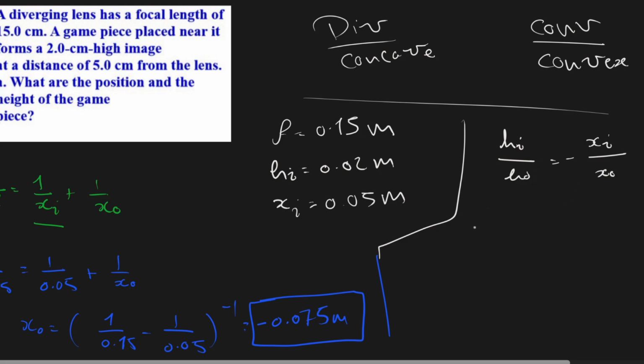So we have hi, let's substitute hi, so 0.02 divided by ho, which is the height of the object, we don't know. It's equal to negative, what is xi? We have it here, 0.05 divided by what we just solved for, so negative 0.075. Okay, and let's use our beloved calculator to solve it.